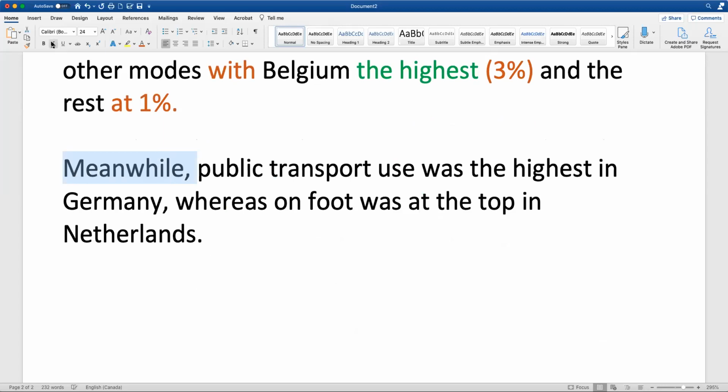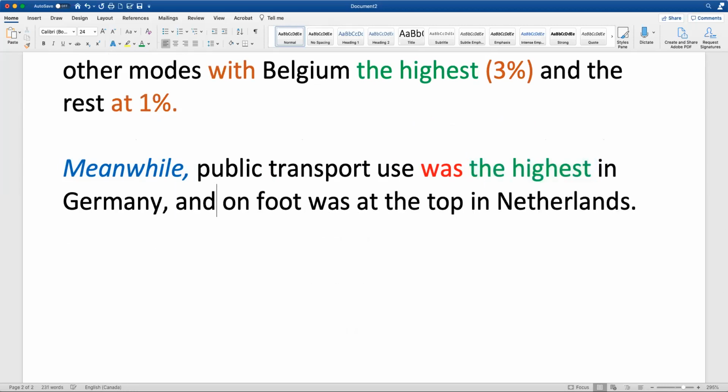So in this sentence: meanwhile, public transport use was the highest in Germany, and on foot was at the top in the Netherlands.